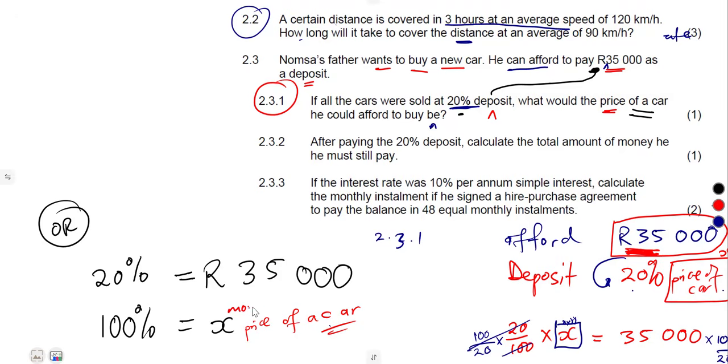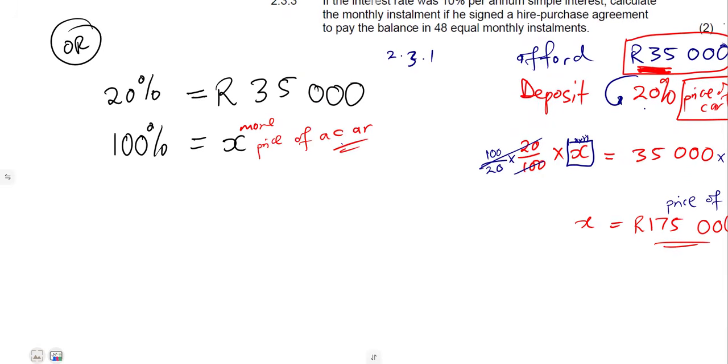It is actually a more value. So the more percentage that we have, the more value that we have. The lesser value, the lesser amount. So this one corresponds directly. That's a direct proportion. The more percentage that we have, the more price or the more amount that we have.